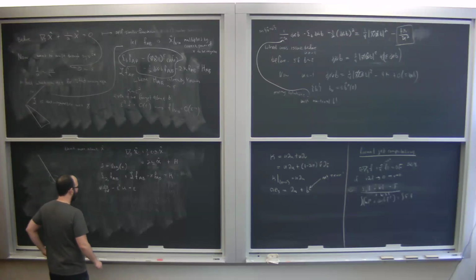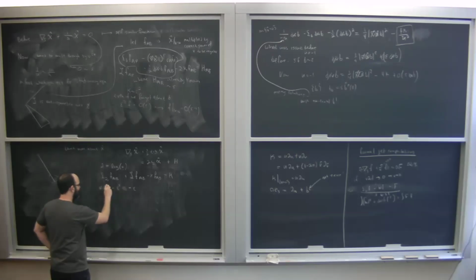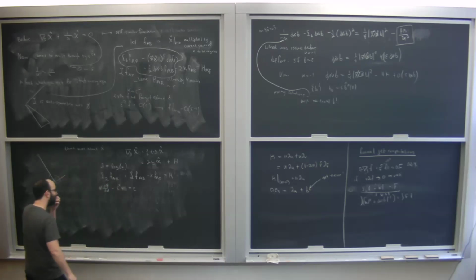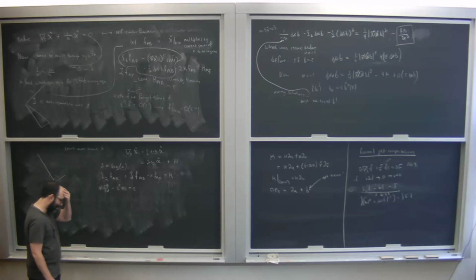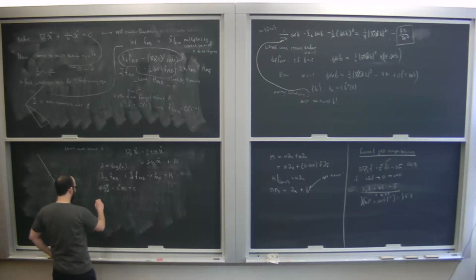And one solution, well, I shouldn't use u because u is a null coordinate. Let's pretend it's just psi. There are different ways to look at this. In this case, you can actually write down something quite explicitly. So let's write, so you can look at psi.